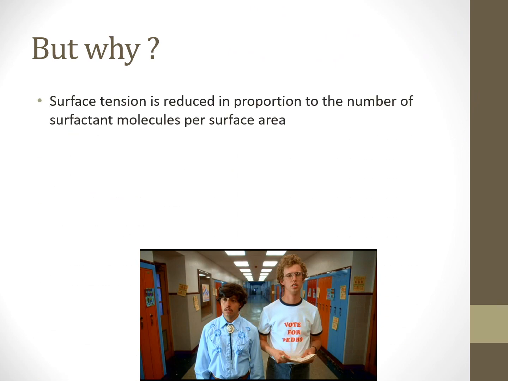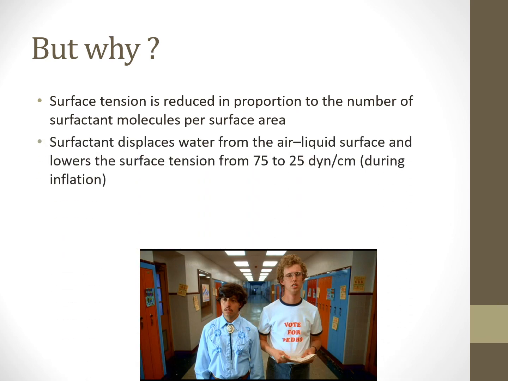All right, continuing on, surface tension is reduced in proportion to the number of surfactant molecules per surface area. So that's what I was saying before. It displaces the water and lowers the surface tension from 75 dynes per centimeter to 25 dynes per centimeter. That's a big difference, right? 25 dynes per centimeter is a lot less stress to overcome for each breath.